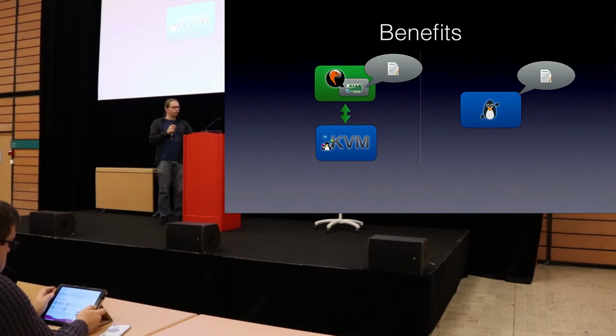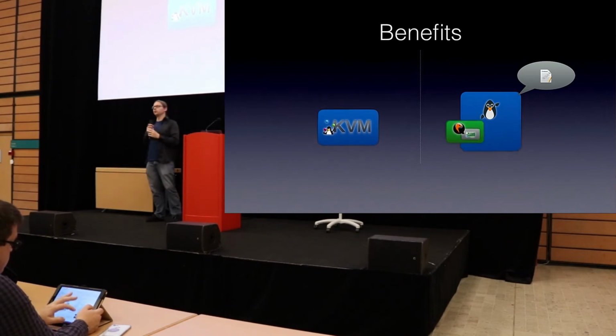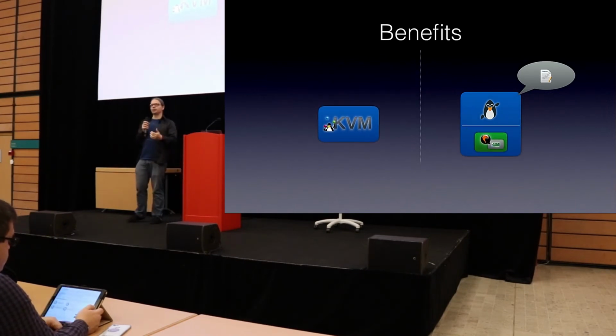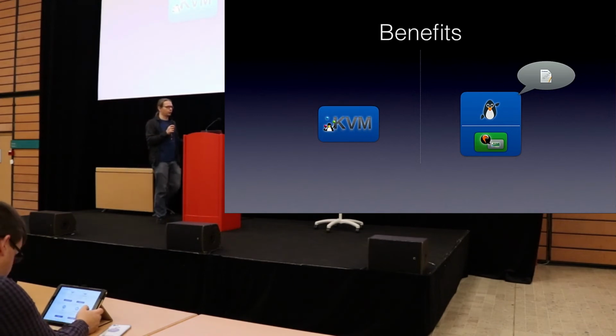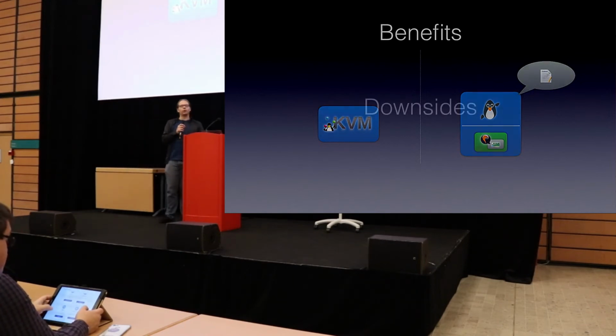Now, if you move your device emulation into guest context that lives in guest register space and that lives in guest memory space, it basically means you get all the live migration abilities for free. You don't have to serialize your device emulation code anymore. It just automatically gets serialized and transferred. So you don't have to worry about live migration. It just works. But it's not all nice and dandy.